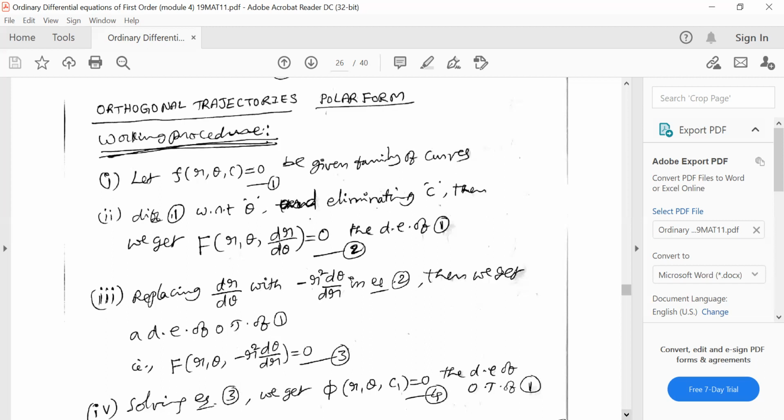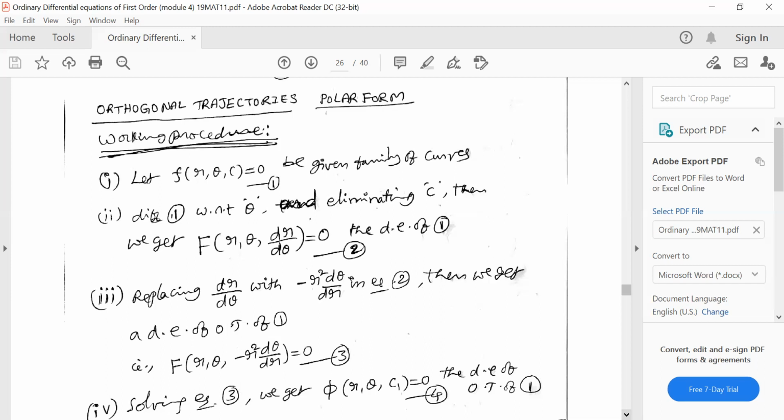Then what is tan phi? It is r into d theta by dr. If r into d theta by dr is one of the slopes, then what should be the other slope? It should be minus 1 by r into d theta by dr, so that the product of slopes is minus 1.